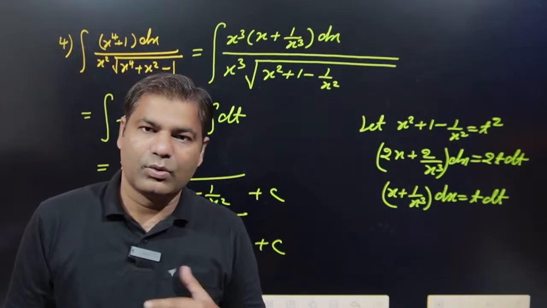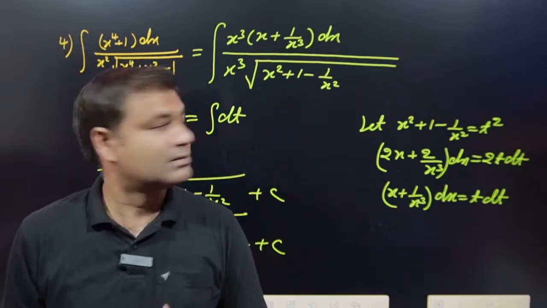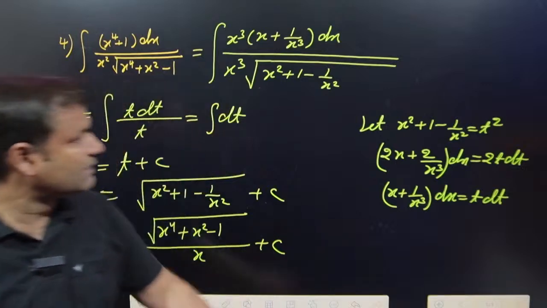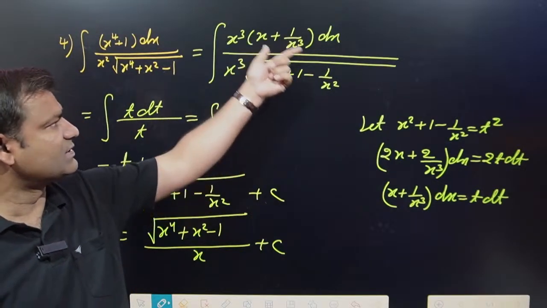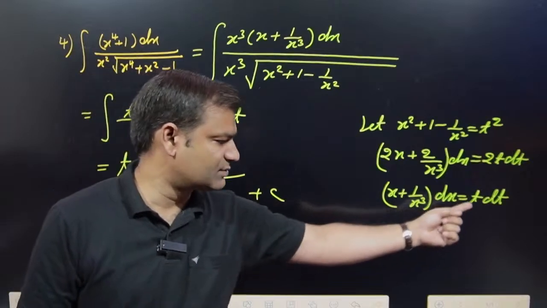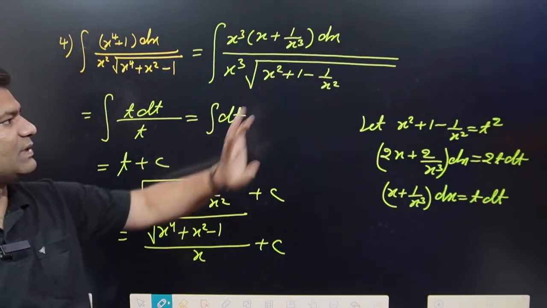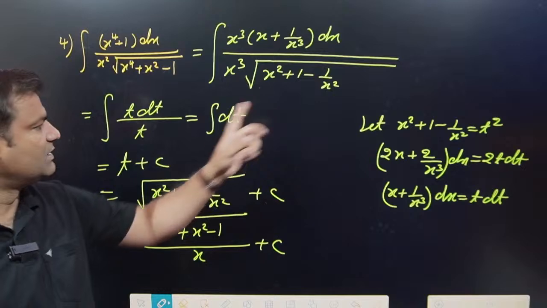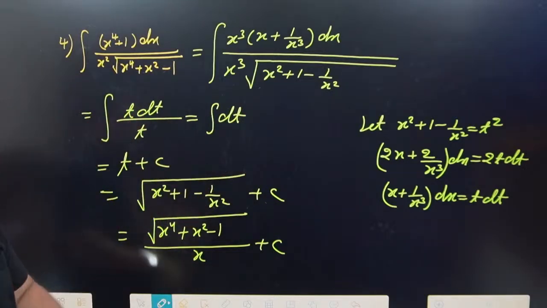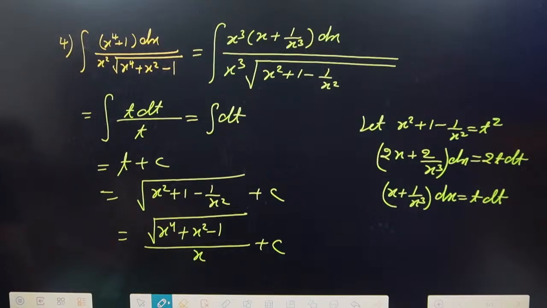So x square plus 1 minus 1 upon x square is taken as t, then that part is the differentiation of this one. Okay, after that this one is replaced by t dt, and this one is replaced by t square. So under root t square is basically t. So t cancels, simply integration of dt, and we get like that. Okay, after integration. Now the next problem is, after that we have focused on the next problem.